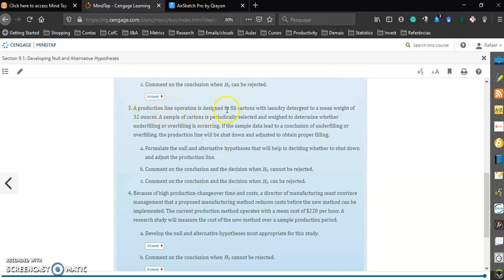A production line operation is designed to fill cartons with laundry detergent to a mean weight of 32 ounces. A sample of cartons is periodically selected and weighed to determine whether underfilling or overfilling is occurring. So you see, these are the key words: to determine whether it's underfilling or overfilling.